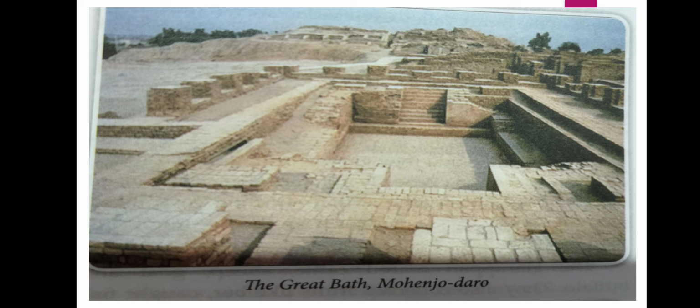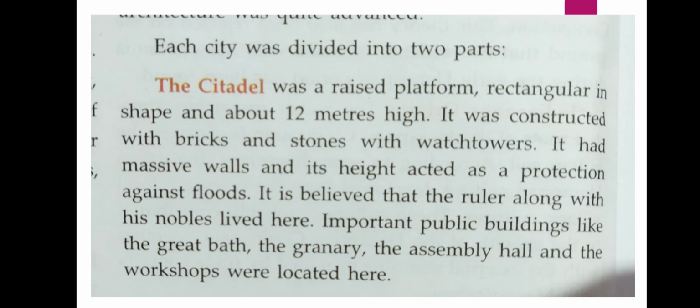See, when we talk about the Great Bath of Mohenjo-daro, during that time they used burnt bricks and mortar lined with bitumen and gypsum so that the building would be very tight and very strong, so that it can have a long life. It is generally believed that this Great Bath was used for religious occasions, for ritual bathing.